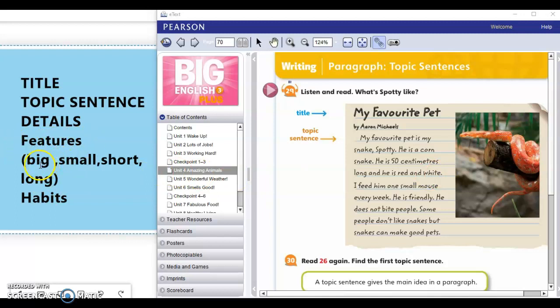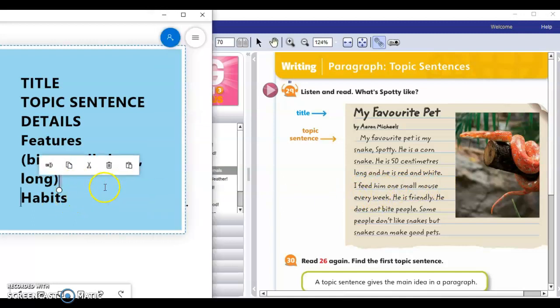So features have to do with whether the animal is big, is small, is short, is long, or its color. Okay. Then he writes, I feed him one small mouse every week. So here we have some habits.